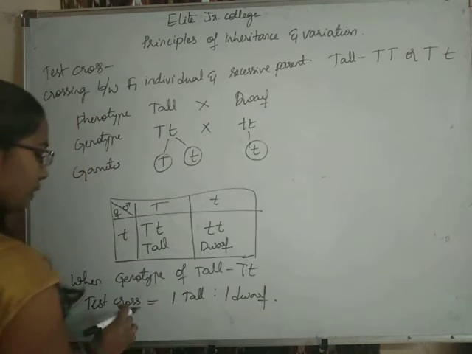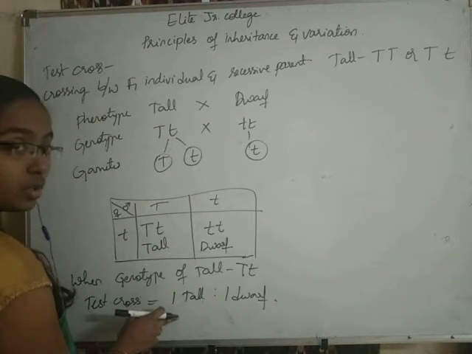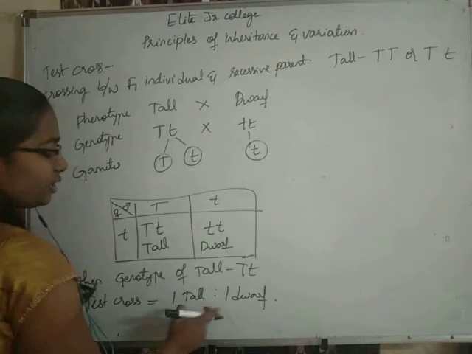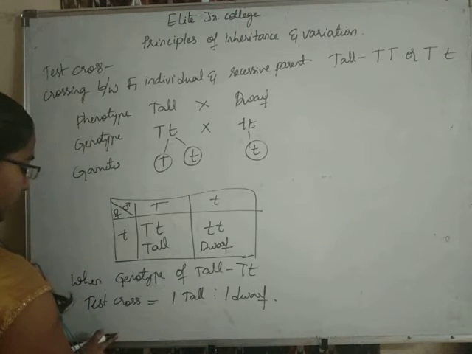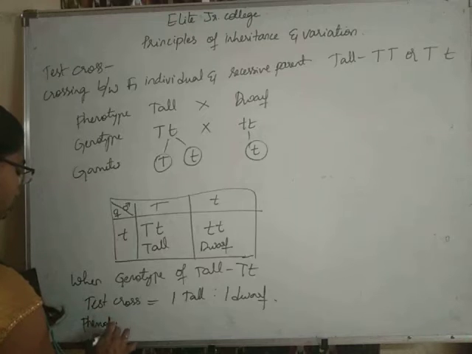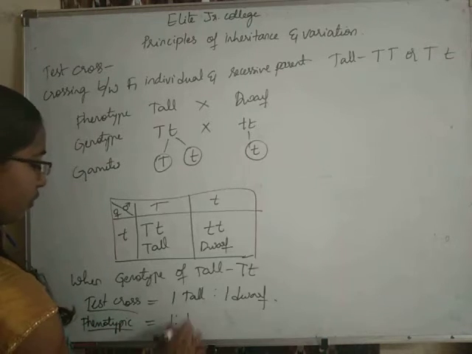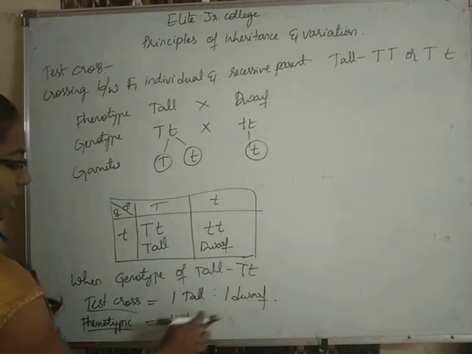The test cross ratio was 1 tall to 1 dwarf. So students, here the phenotypic ratio in the test cross is 1 is to 1, 1 tall, 1 dwarf.